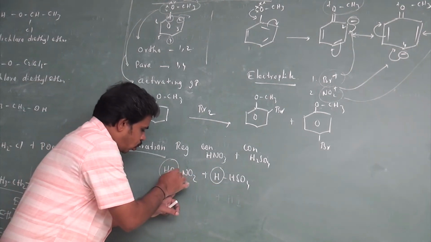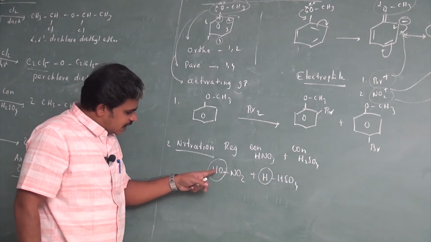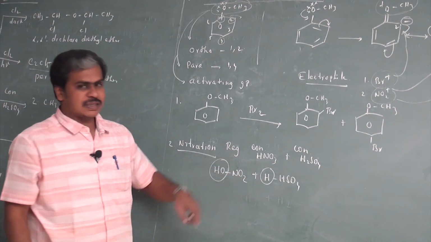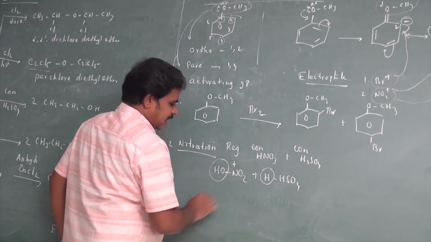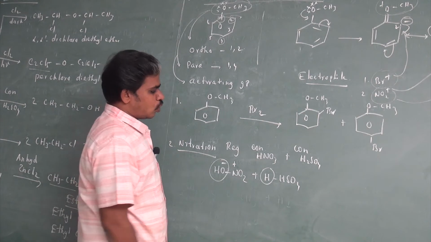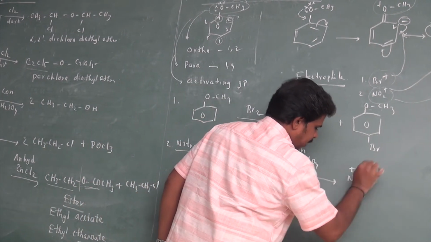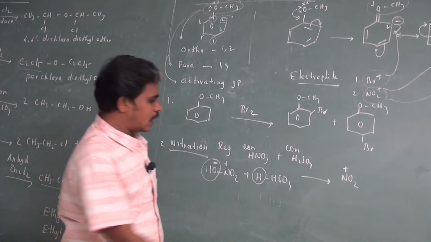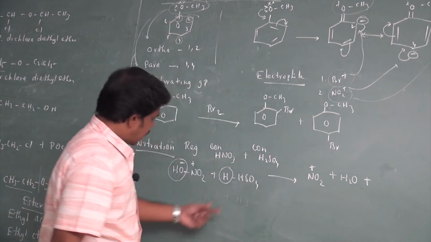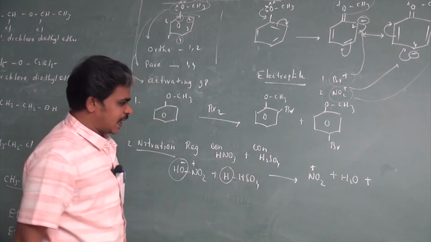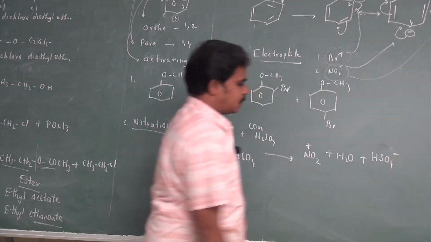So, OH minus is removed, then NO2 plus is created. NO2 plus is nothing but the nitronium ion. So the products are NO2 plus nitronium ion and water, and one more, HSO4 minus.